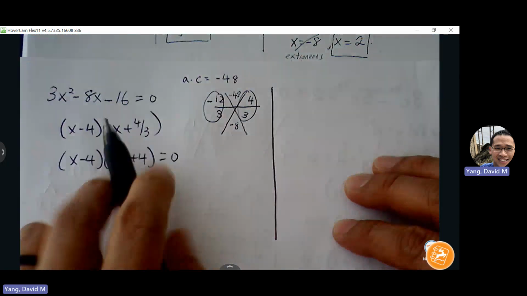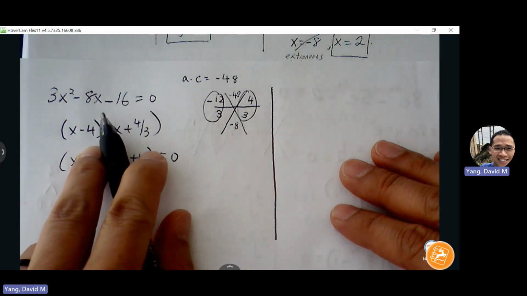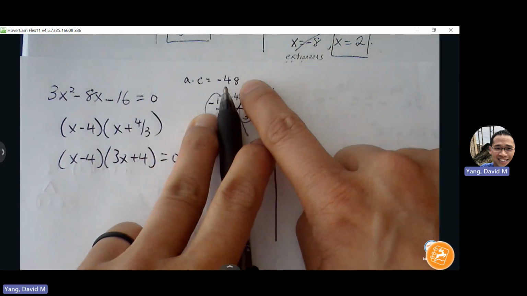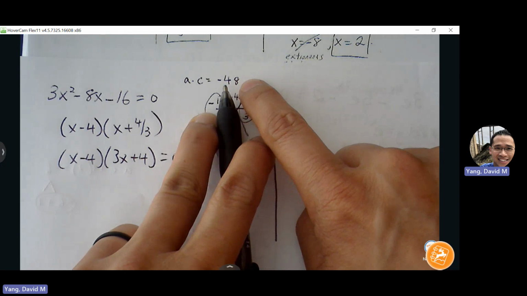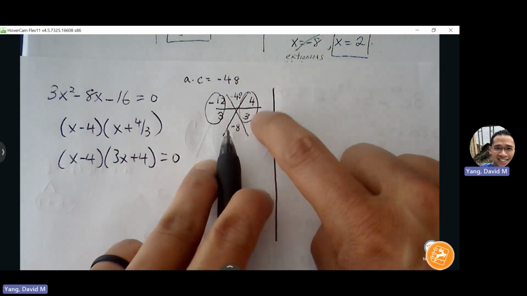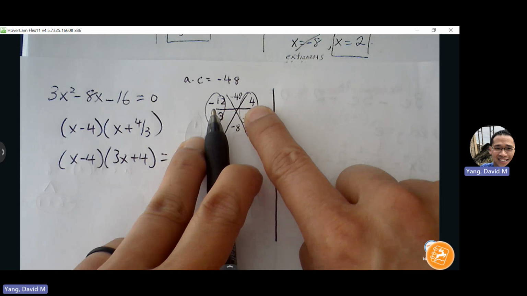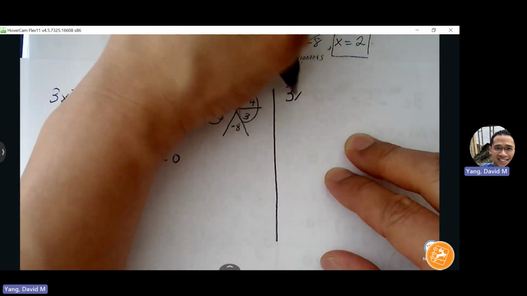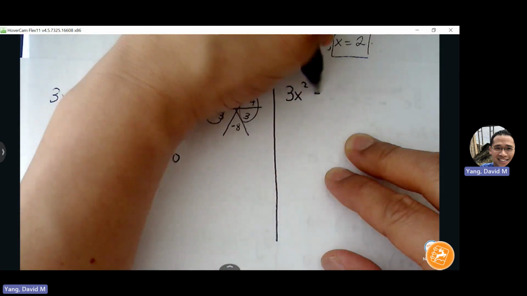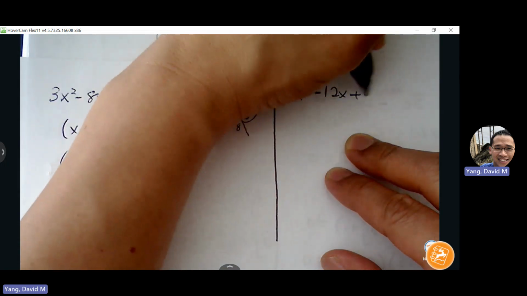You can also do this using grouping method. So grouping method, you still go through a times c, -48, multiplies to -48, adds to be -8. You still have -12 and 4, but now you can break that -8x into -12x and 4x.